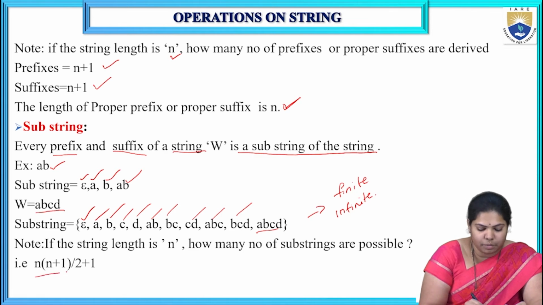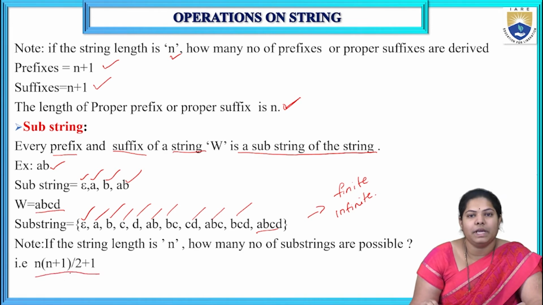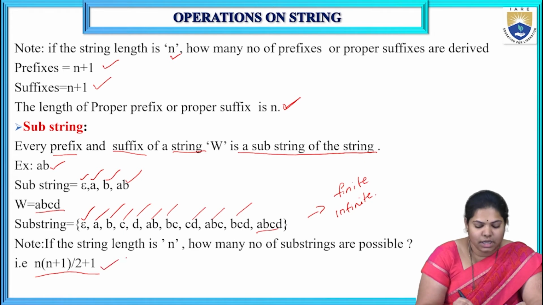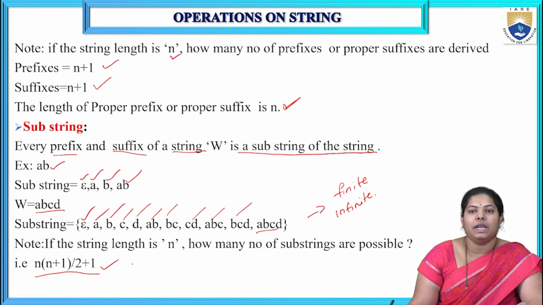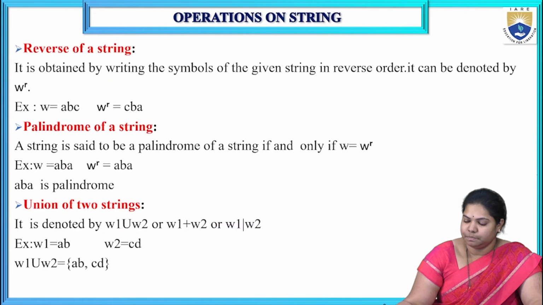Here we have a formula: n(n+1)/2 + 1. By using this equation, we can count how many substrings are derived from a string of any length. Okay, so this is a substring.